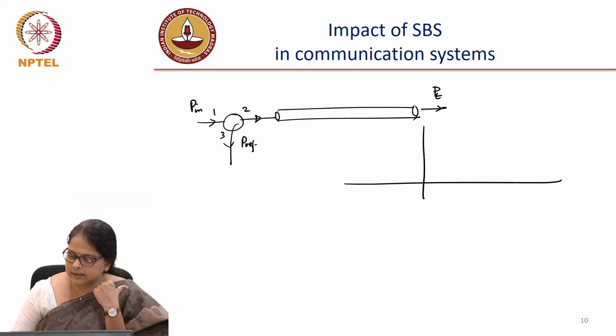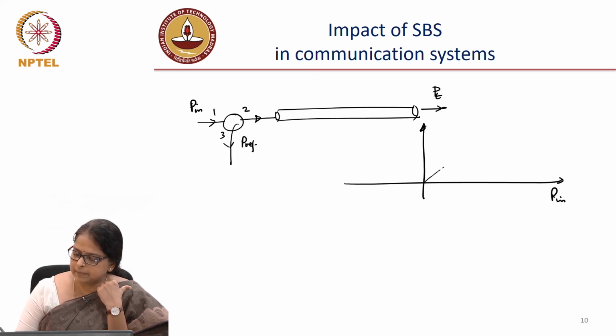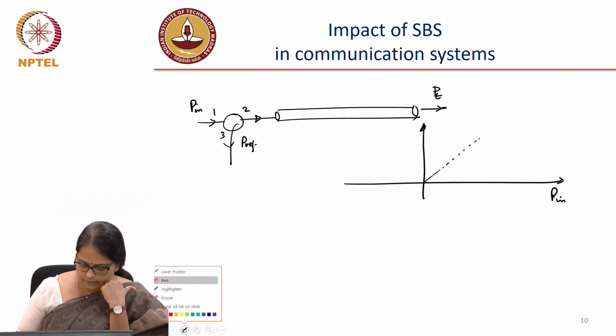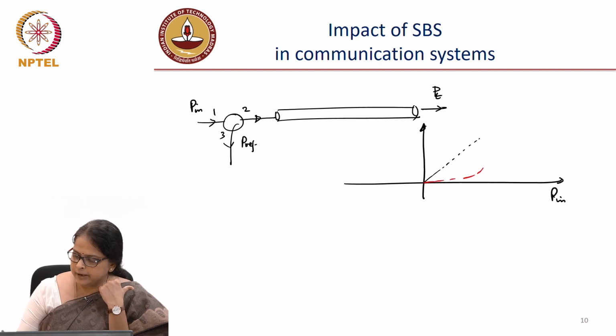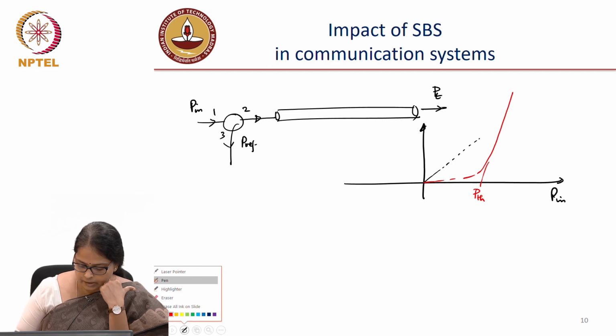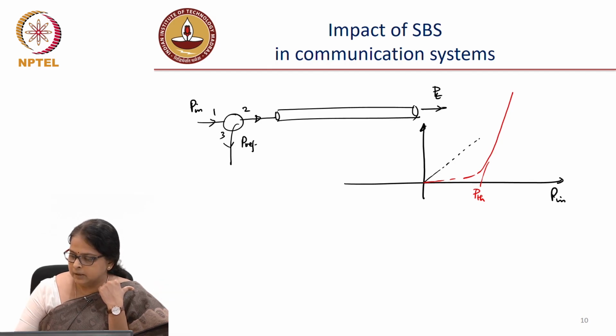What you will see is that as your input power increases, the transmitted power goes on increasing. But whenever the Brillouin scattering sets in, the reflected power will start increasing very rapidly after the input corresponding to the threshold power, and beyond that, because you need to respect power conservation, the transmitted power will start saturating.